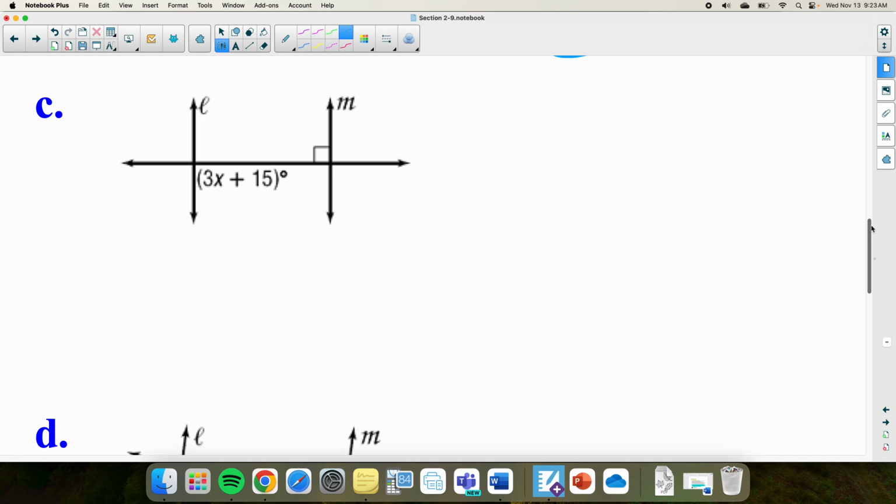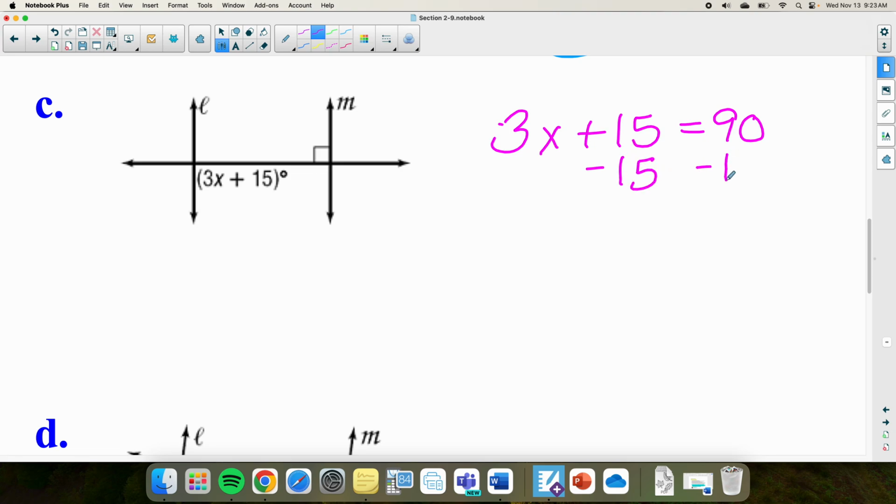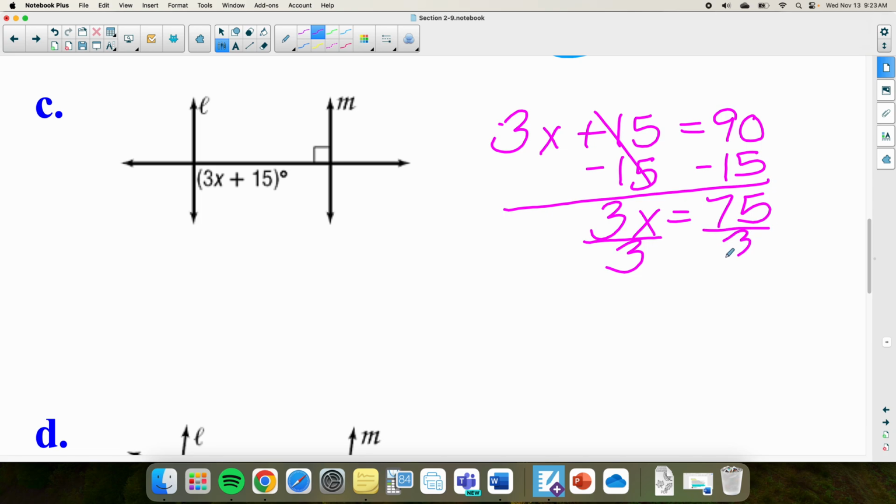So what I would have to say here then is we would want 3x plus 15 equal to 90. Then I'm going to subtract 15. I get 3x equals 75. Divide by 3, and x is 25.